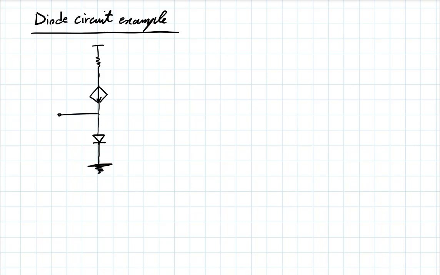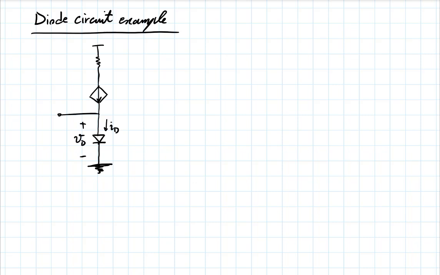So we have a diode here and a current source. That's a controlled current source, a dependent current source, and it's a current-controlled current source. Let's call this one VD and ID. So that's a diode there.